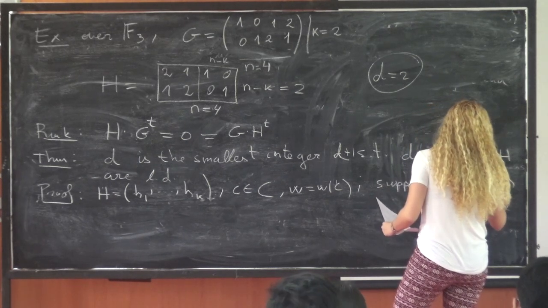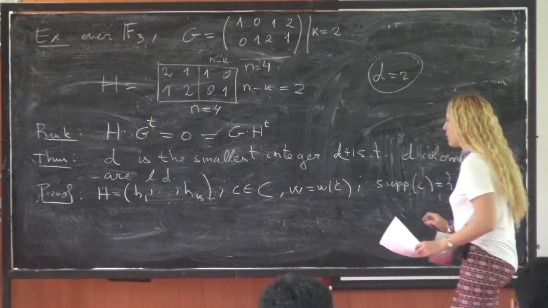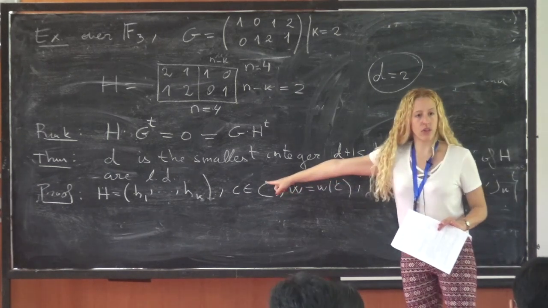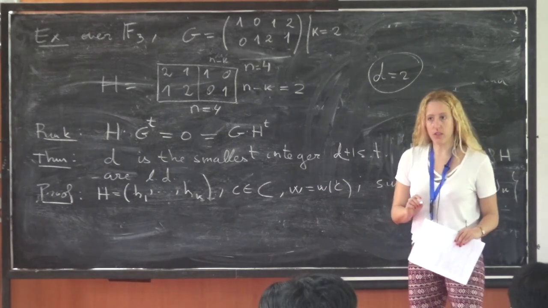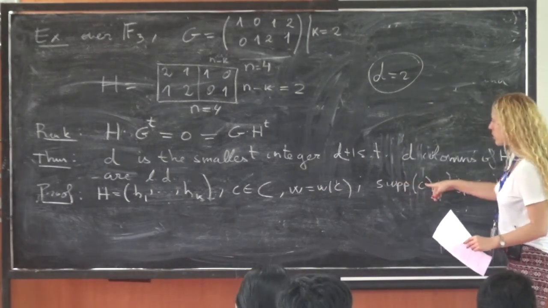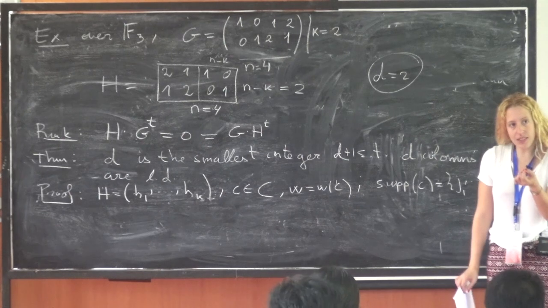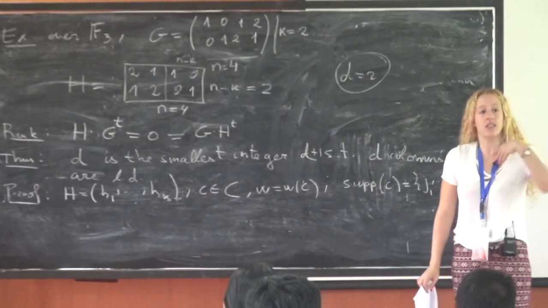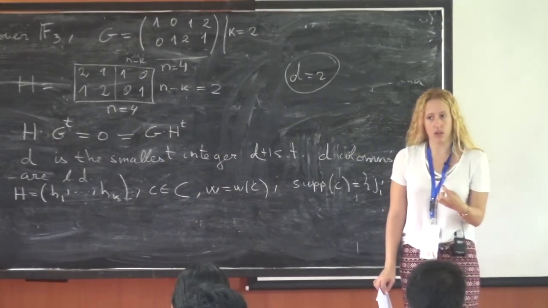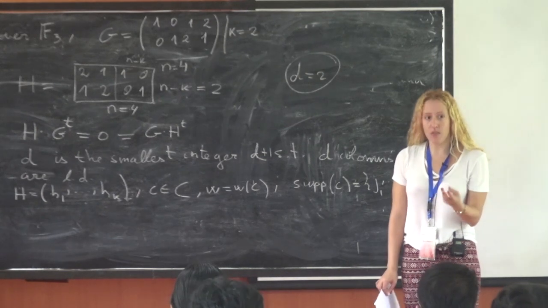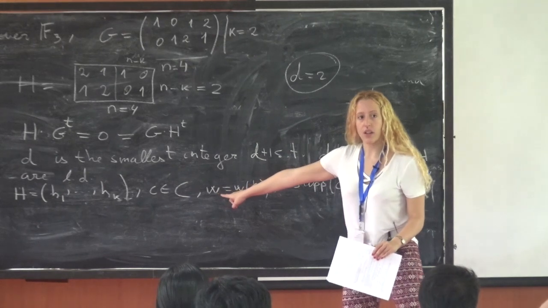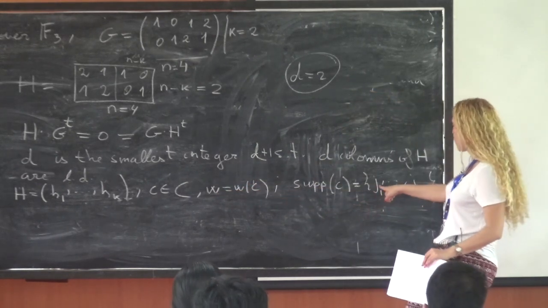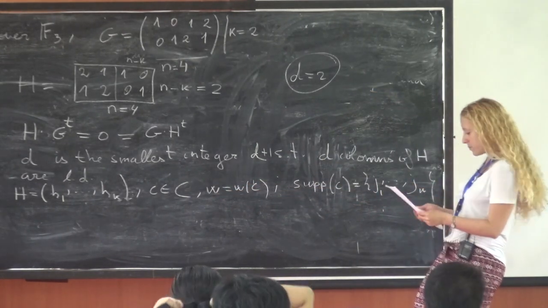So we number it like this. So let me explain. I take any word in the code. Let's say that the weight is w. So the support of c are the indexes of the coordinates that are different from 0 in my word. So there are w of them because the weight is w. Okay? So I number them g1 until gw.